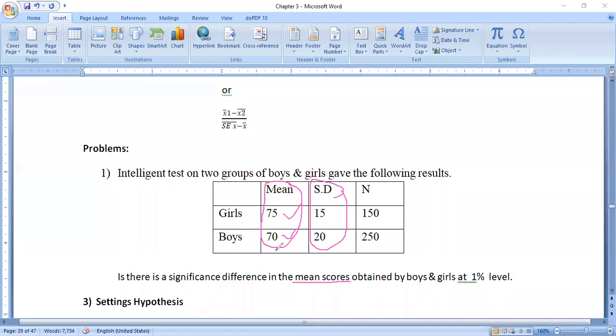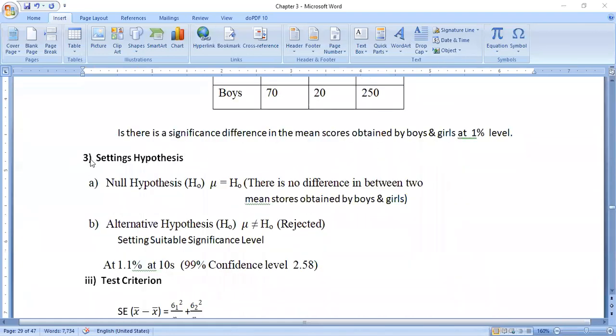So immediately we are going to solve the problem. You observe the problem carefully here. This is the first step. We already learned the hypothesis testing steps and we know what they are. Step number 1, setting hypothesis. Step number 2, setting a suitable significance level.